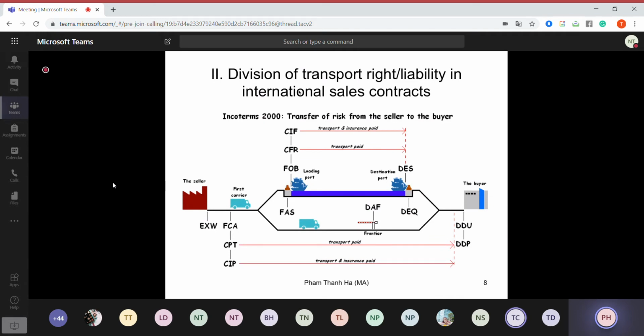That is also correct for CFR and CIF. What I mean is that for CFR and CIF, the seller also has the same obligation related to loading the goods on board the vessel, and of course it is at the loading port.